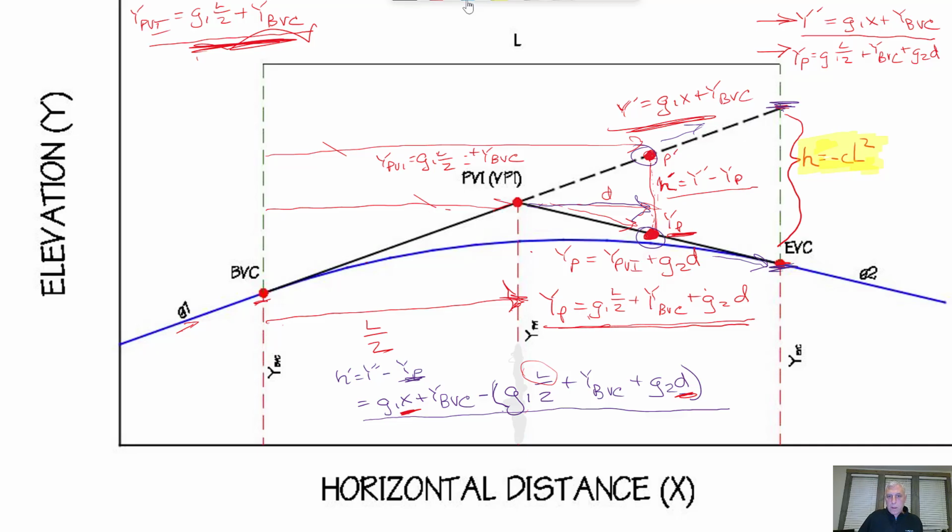Well, let's start with x. X would be this entire length here. So at that point, x equals L. And what about the d? That goes all the way to there, but whoop, went too far. There. From the PVI, what is that? Well, d equals L over 2.